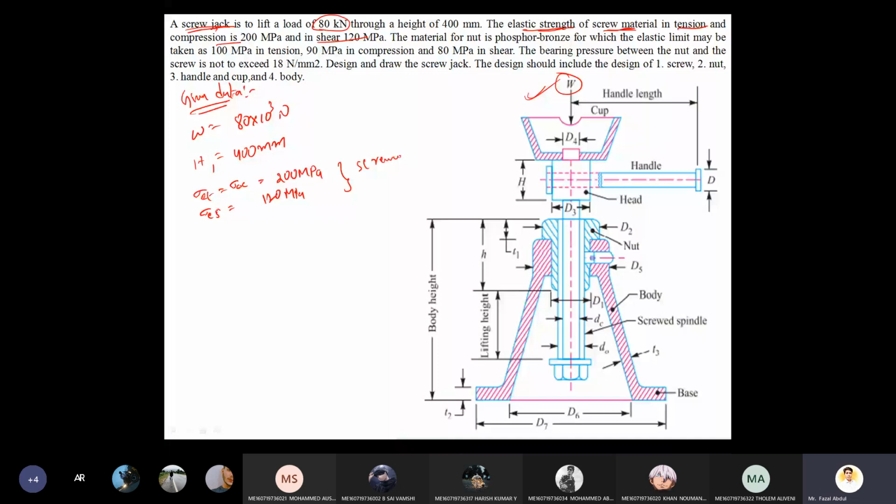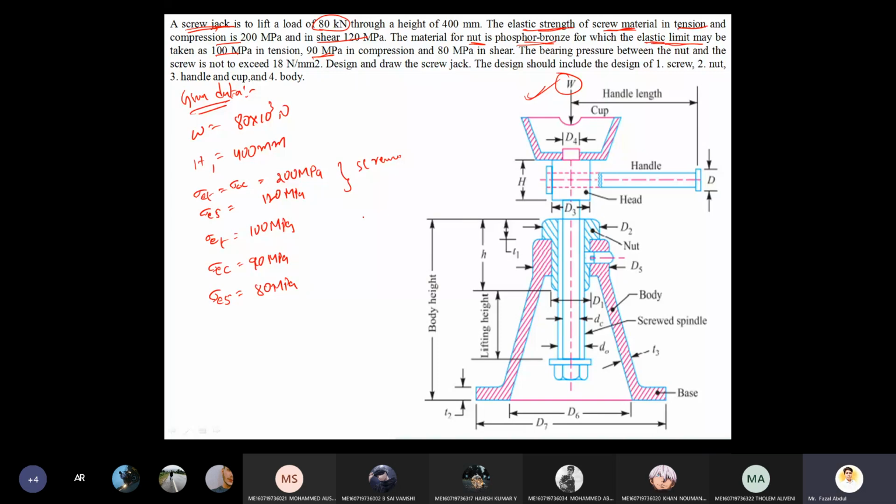For the nut, the material is phosphorus bronze, for which the elastic limit may be taken as 100 megapascal in tension, 90 megapascal in compression, and 80 megapascal in shear.